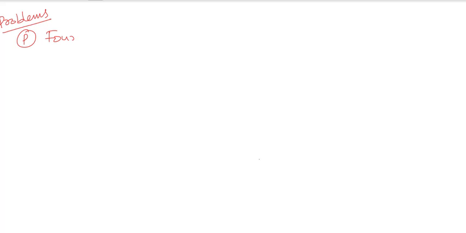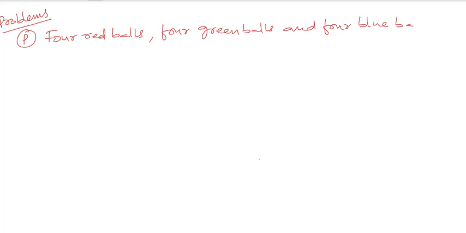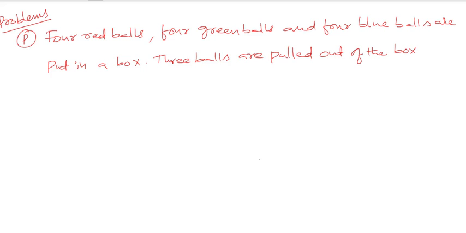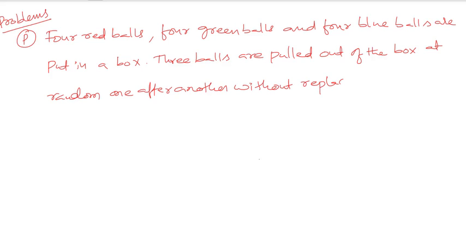Note down the question: 4 red balls, 4 green balls, and 4 blue balls are put in a box. 3 balls are pulled out of the box at random, one after another, without replacement.